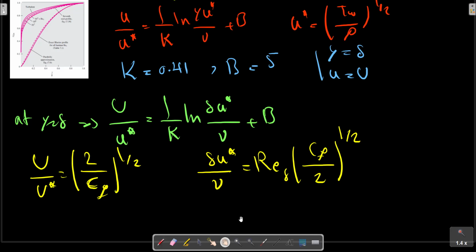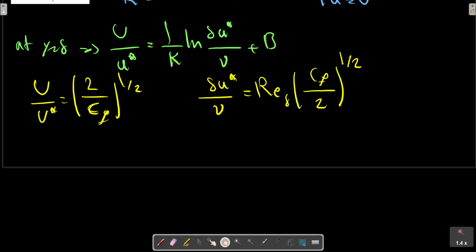Now we can simplify the relation of the logarithmic law by replacing these two parameters, and we can obtain a function for the friction factor and the Reynolds number based on delta.